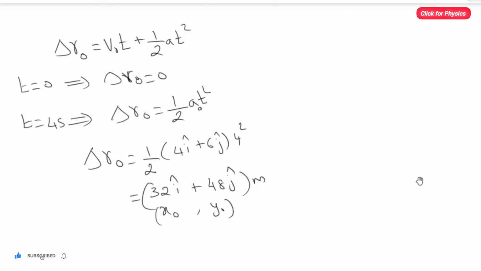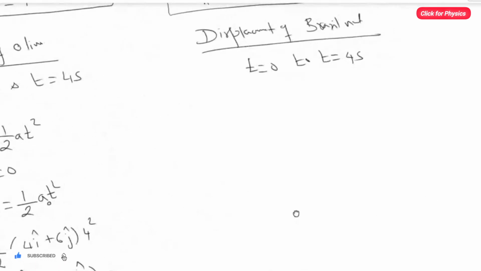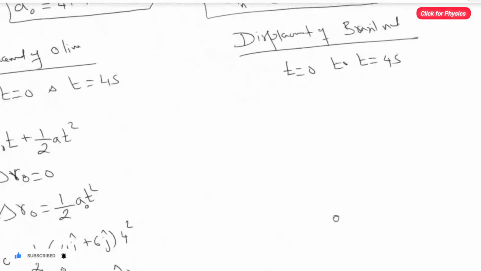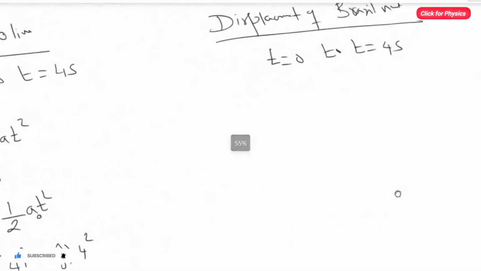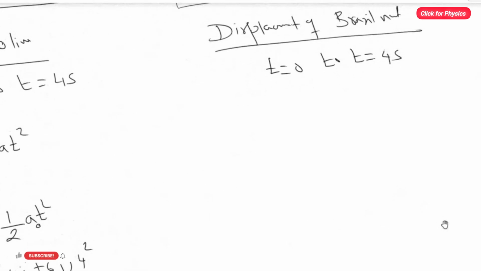Likewise, we have to do the same calculation for the Brazil nut. So again, I use the same rule, delta R_n equal to v naught multiplied by t plus half the acceleration of the nut multiplied by t square.